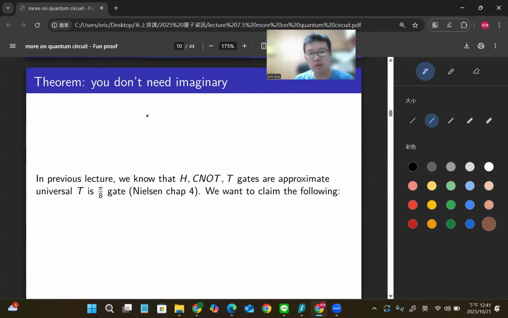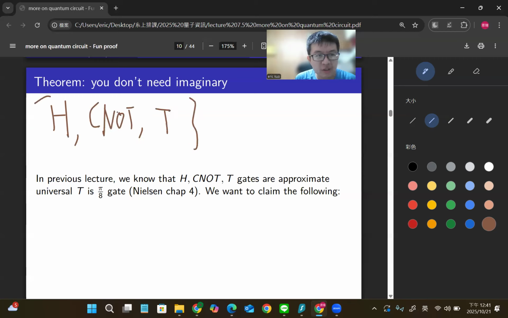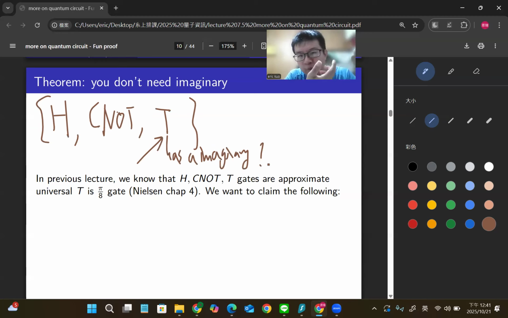From this we now have extra power, because I can use this method to further reduce the gate set. Now Hadamard, C-NOT, and T: this gate is imaginary, but it's one qubit, and by the previous method we would use three qubits.